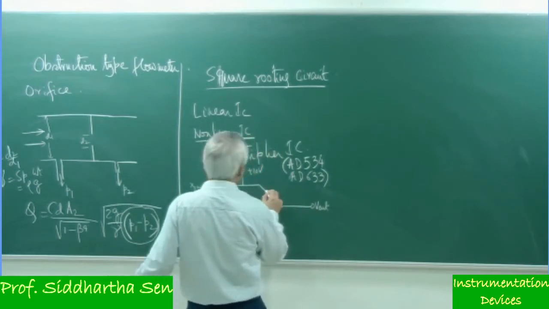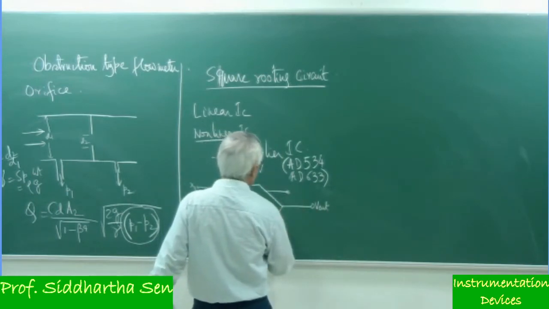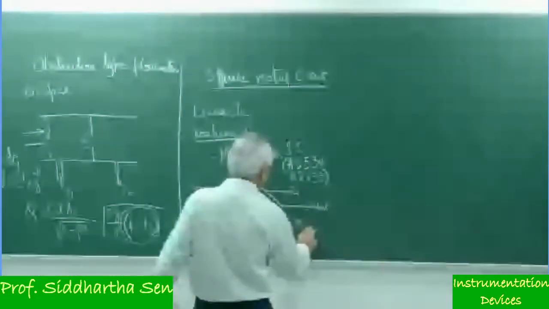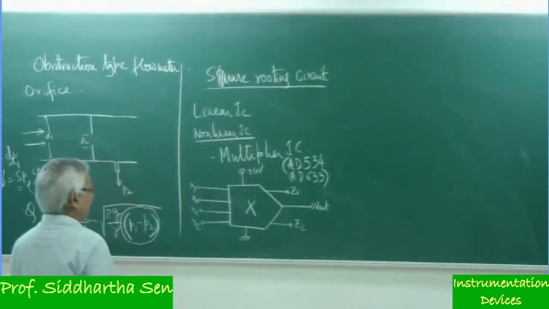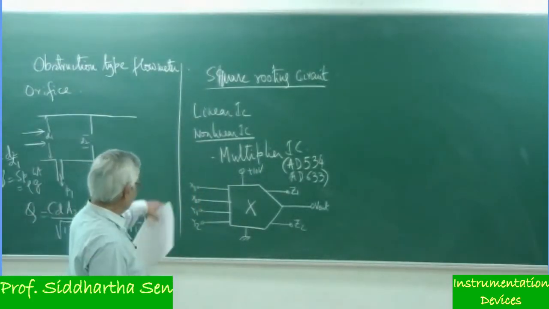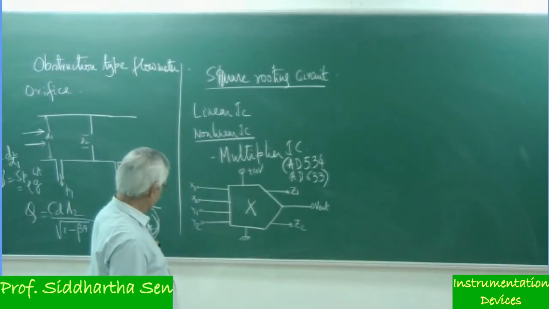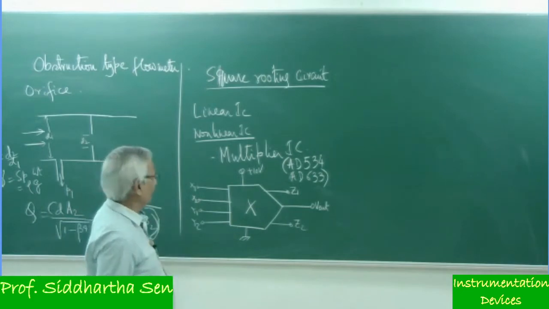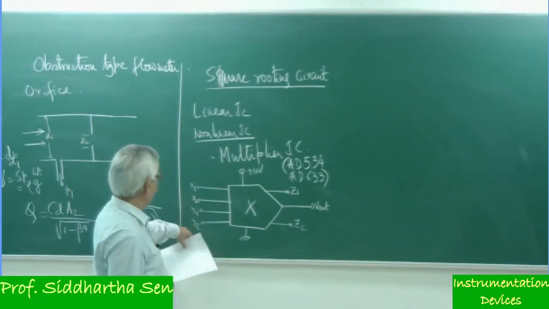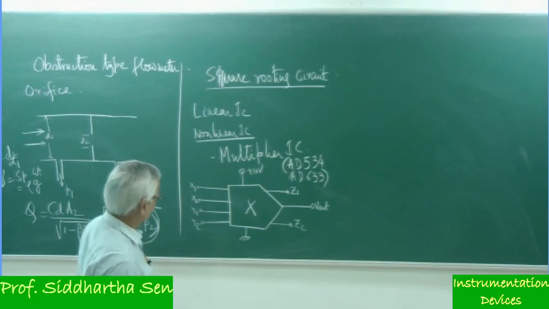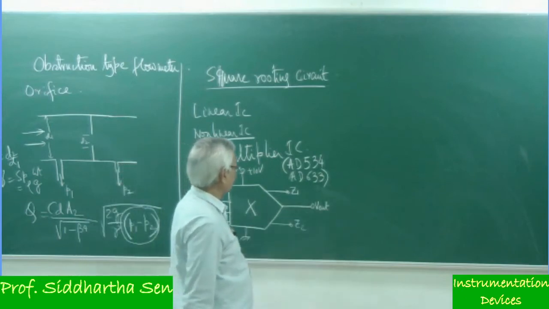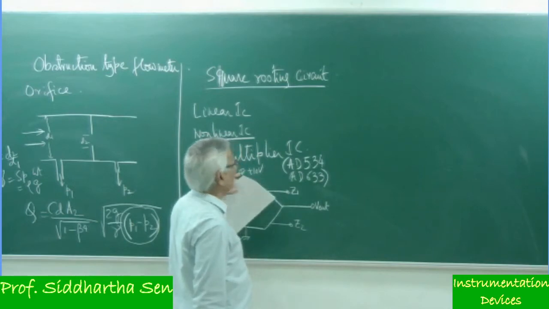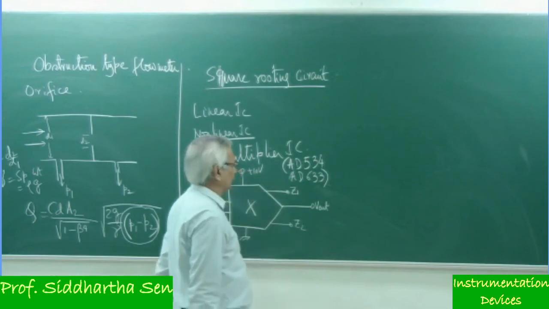Also two more input terminals are there, which we call Z1 and Z2. So basically, you can say it has three pairs of inputs, x, y, and z. All of them are floating inputs. The output voltage V out has one terminal grounded and another normally connected to plus 10 volt.